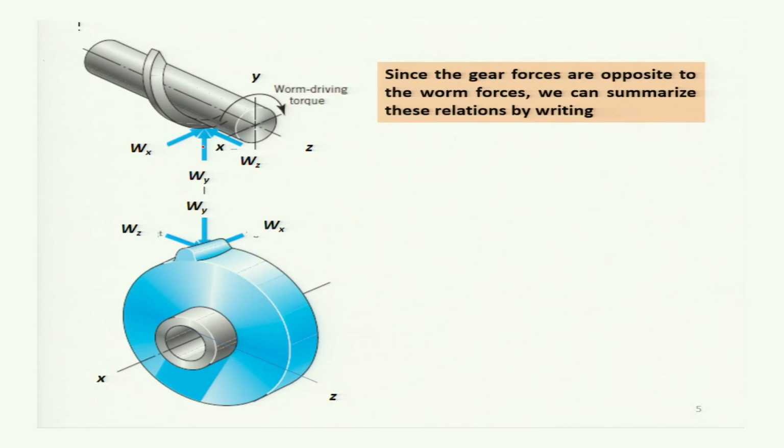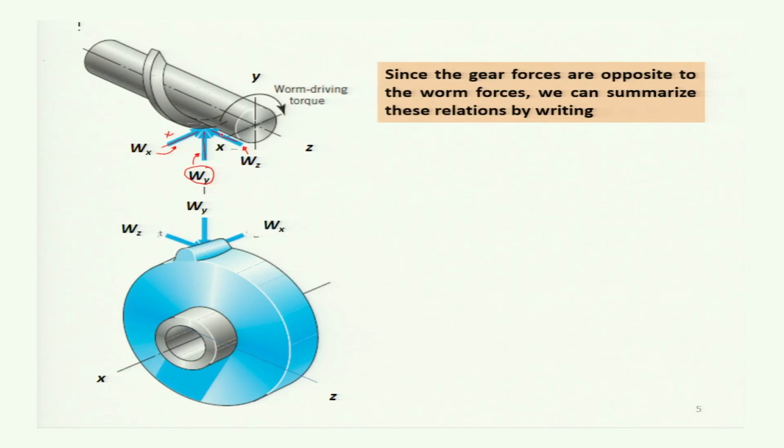So, the forces which we just determined are Wx along the x direction, Wy along the y direction, and Wz along the z direction. These we determined for the case of the worm.